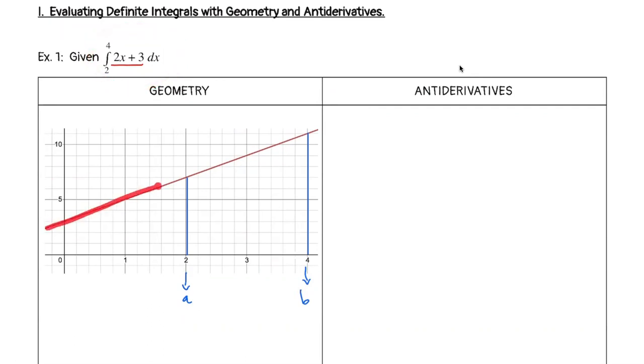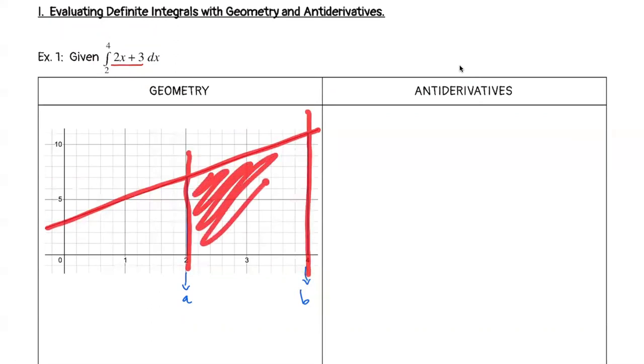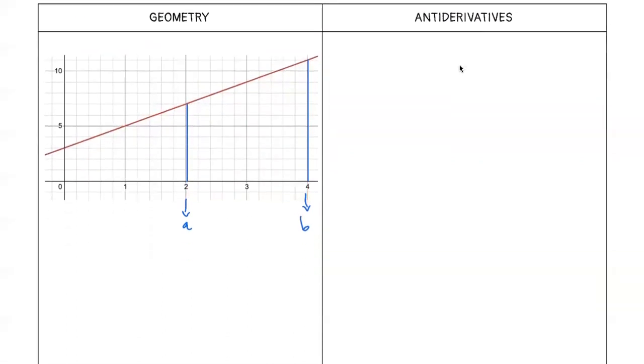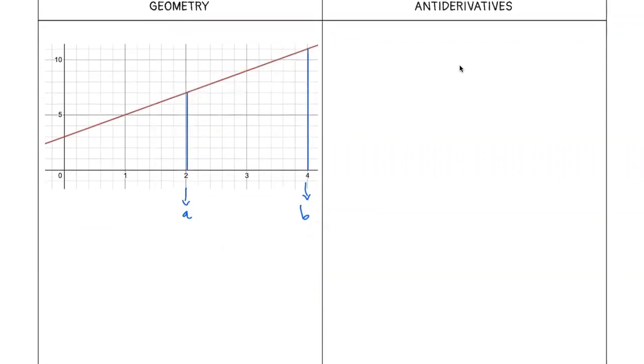That means on the function 2x plus 3, starting at 2 and going to 4, what is the area between that function and the x-axis? Now, what shape would you say this is? Trapezoid. Yeah, this is going to be a trapezoid.